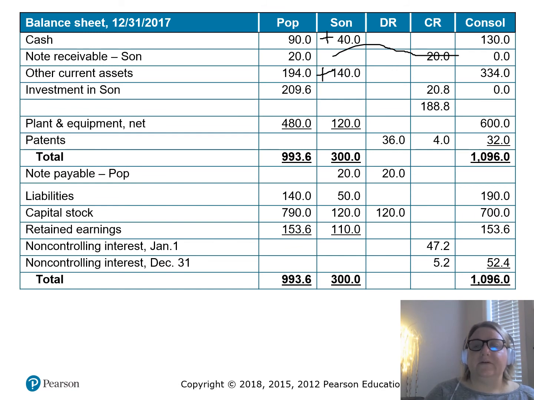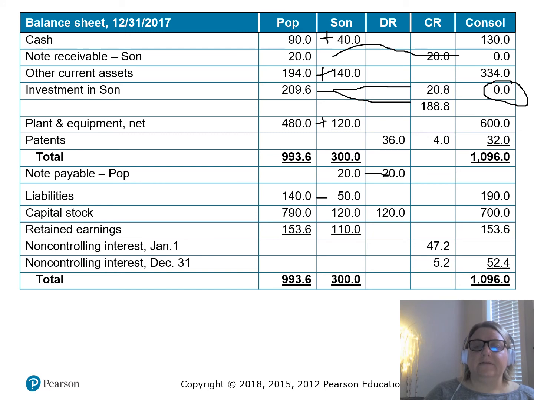This is the breakdown between controlling and non-controlling interest, but it does not go in the consolidation column. Property, plant, and equipment, right here. Patents, subtracting out the amortization here. All right, and then note payable right here, reciprocal. So this is just going to wash.